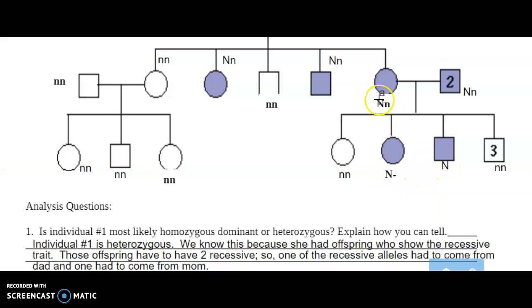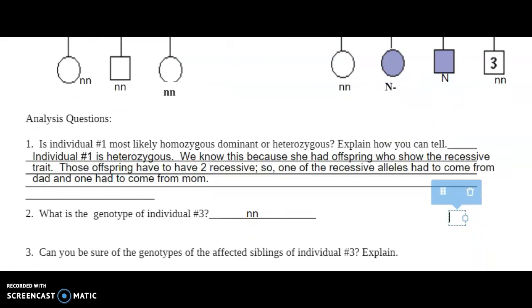And if they got that big N from this parent, this parent had another big N they could give, or they could have given the little n that they have. So we have no way of knowing for sure the genotypes of those offspring.